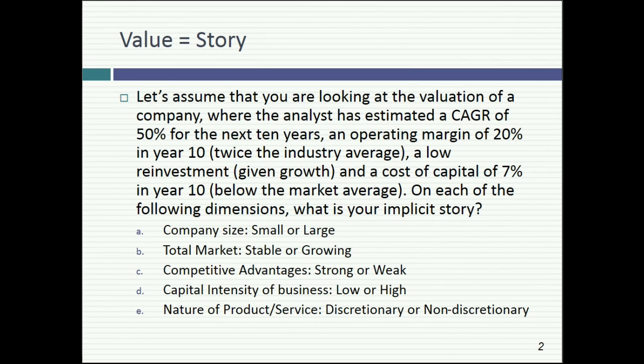Your beta goes up, your cost of equity goes up. What am I assuming about cost of capital? Much lower than the market, so the product or service I must be providing must be a non-discretionary product. So let's assume that I then lift my hands off the name of the company and you say it's Microsoft.